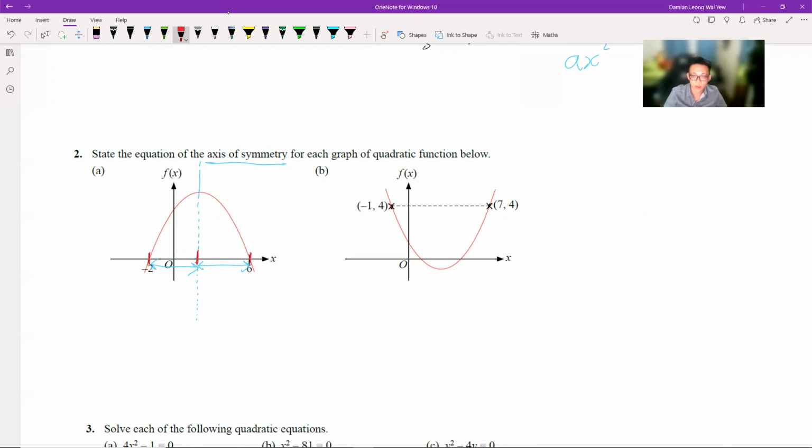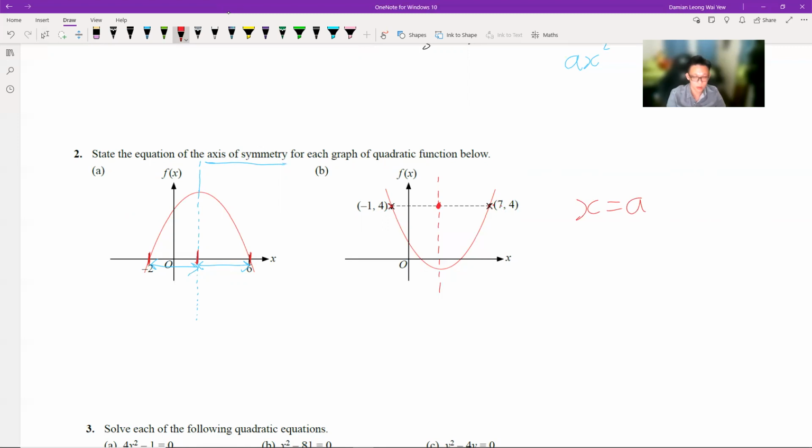Same goes here. Cut right down the center. It will be the midpoint. The x value will be right in the middle of these 2. And a vertical line equation will always be x equals to a constant.